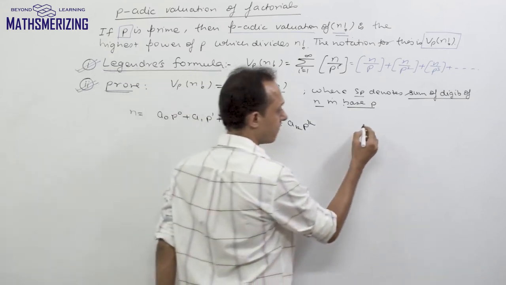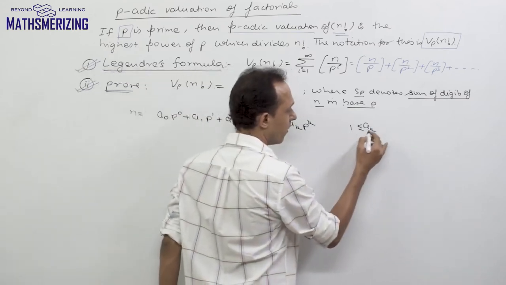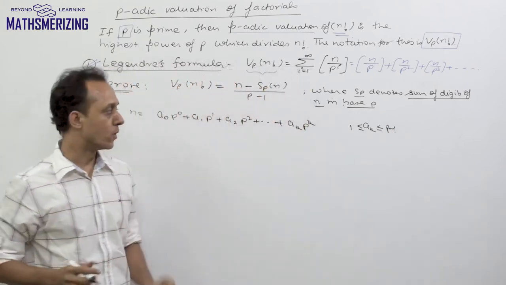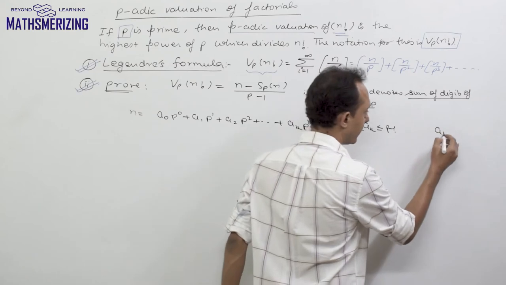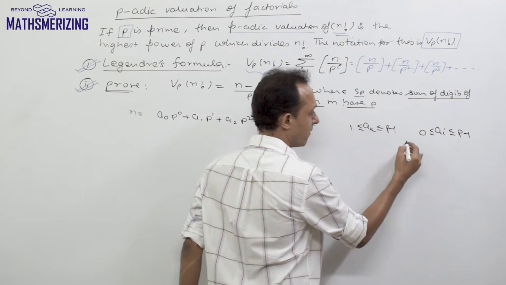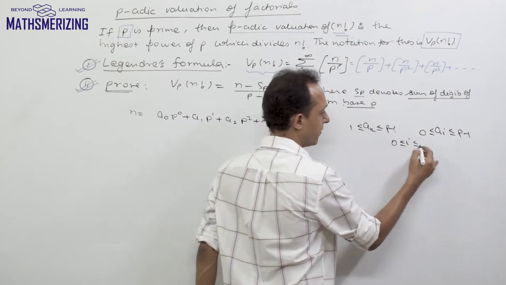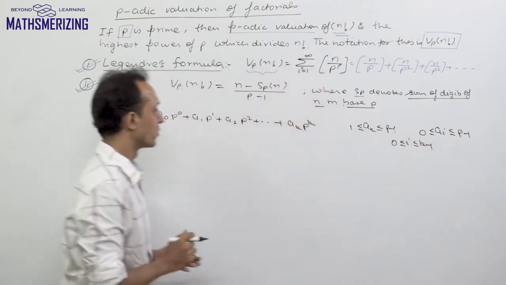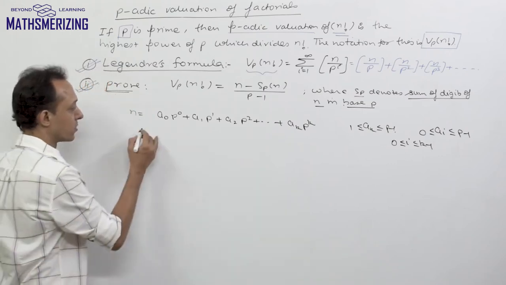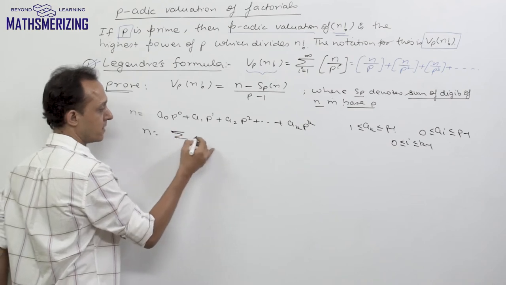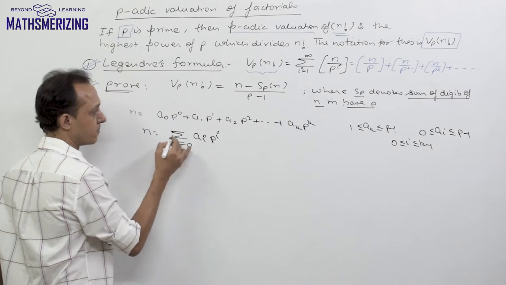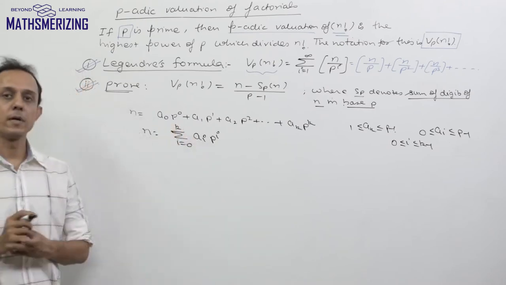This ak should lie between 1 and p minus 1, and any other ai should lie between 0 and p minus 1 for all i between 0 and k minus 1. So this is how we can express this number n in base p. I can also write it as summation ai p to the power i, where i varies from 0 to k.